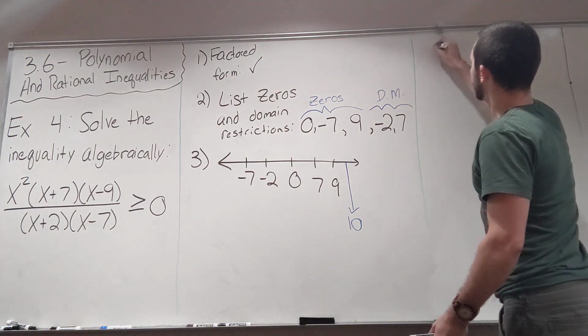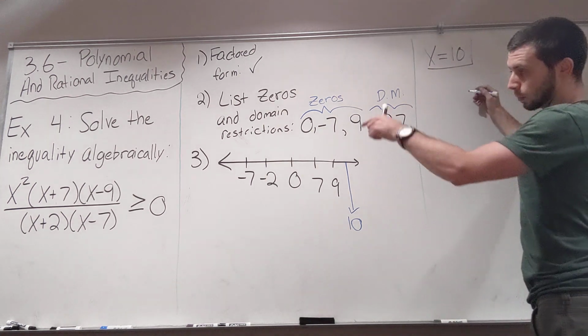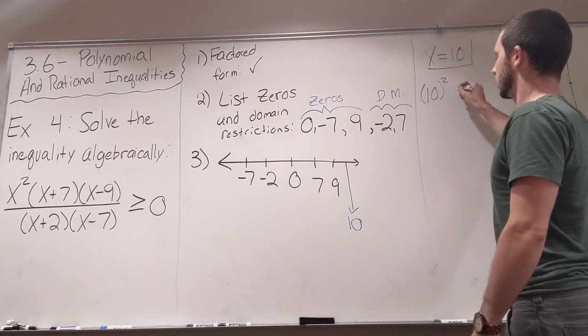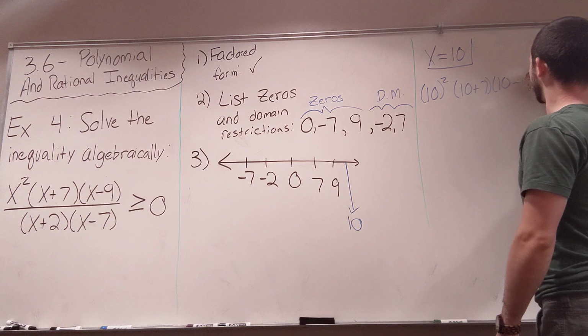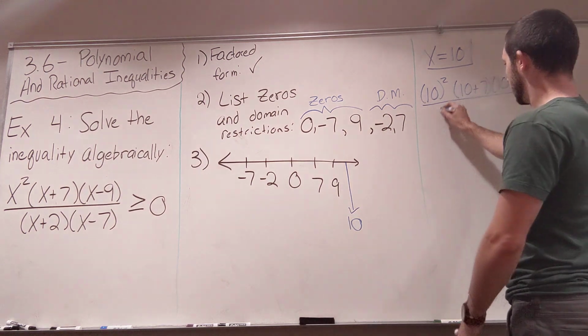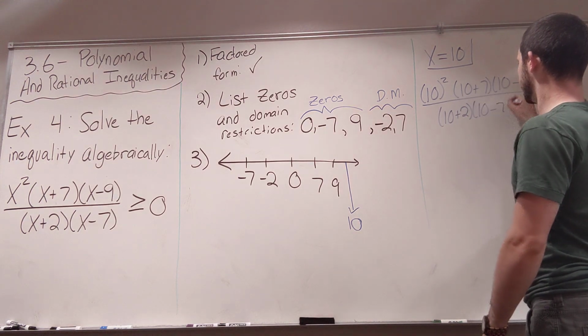So if we plug in x is equal to 10, we plug that into every x, so now it's 10 squared, and 10 plus 7, 10 minus 9, all of that divided by 10 plus 2 and 10 minus 7.